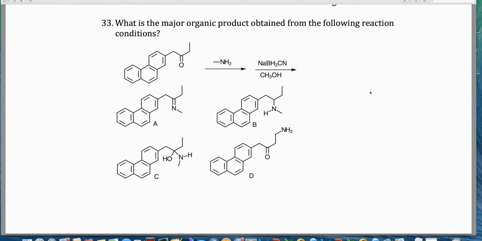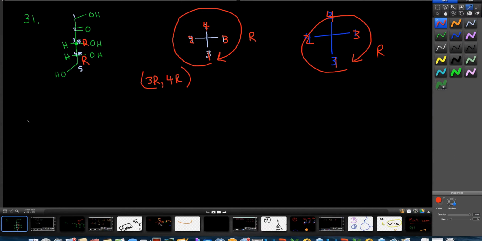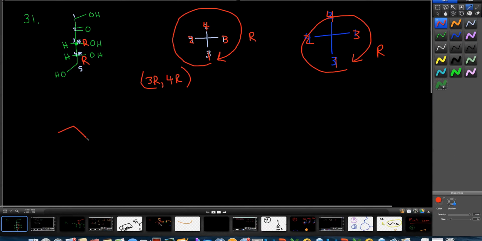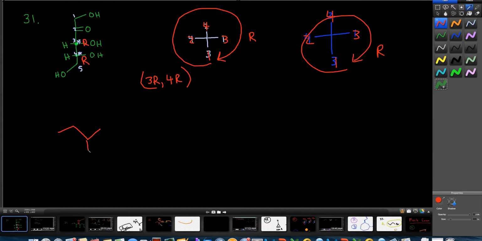All right, in number 33, we're going to have a nucleophilic acyl addition reaction in which we convert the carbonyl to an imine. So let's go back and review that type of chemistry. And so what I'm going to do is just draw the carbonyl. And I don't want to go through the complete mechanism.